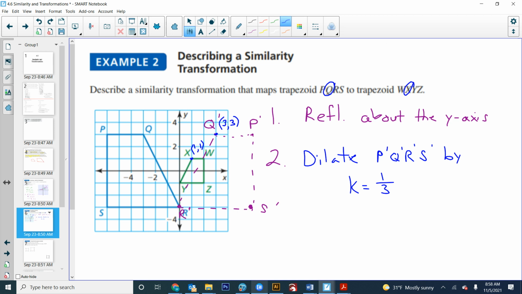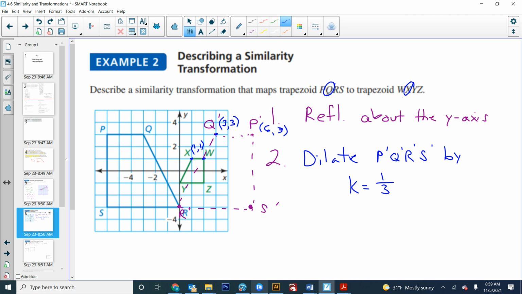And then you could check the other ones. P prime was at 6, 3. Let's double check it. If we multiply both of those by 1/3, what's 1/3 of 6? 2. 1/3 of 3? 1. So 2, 1 is correct.